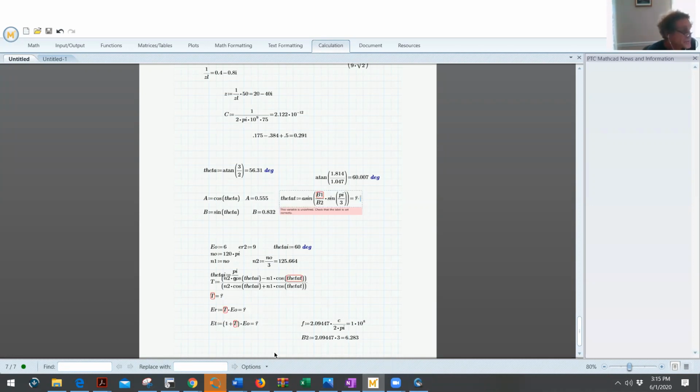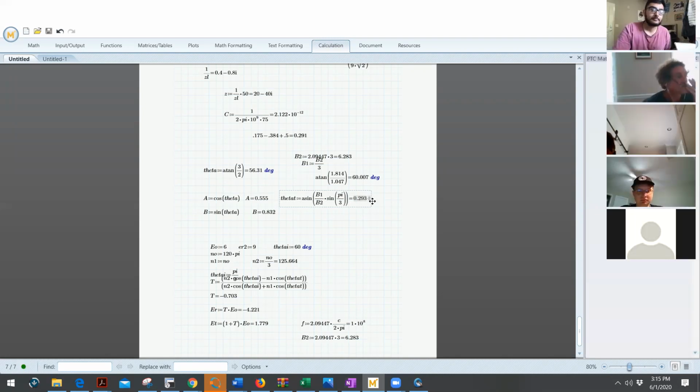This is beta 2, beta 1. So the actual angle of transmission, let me put it in degrees. It's 16.779 degrees. My bad.